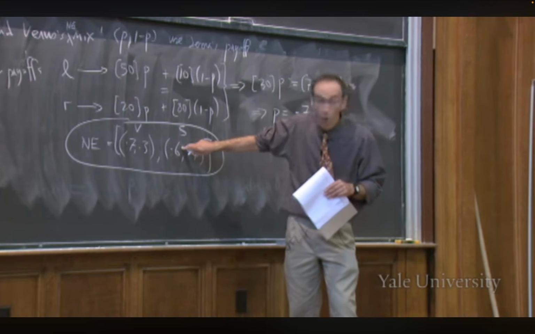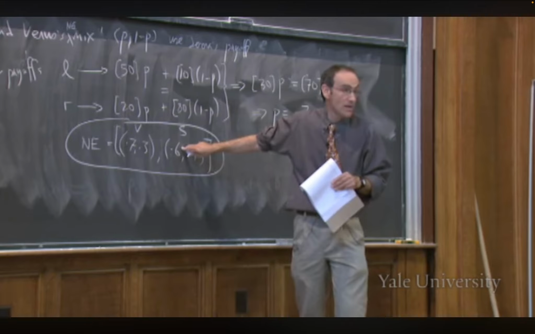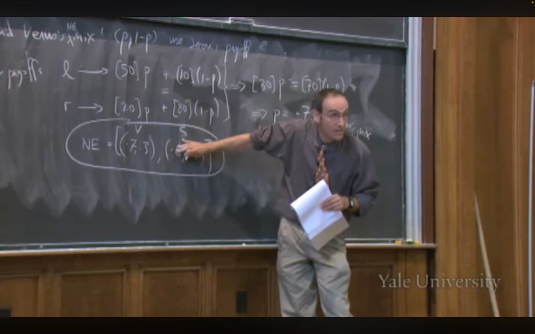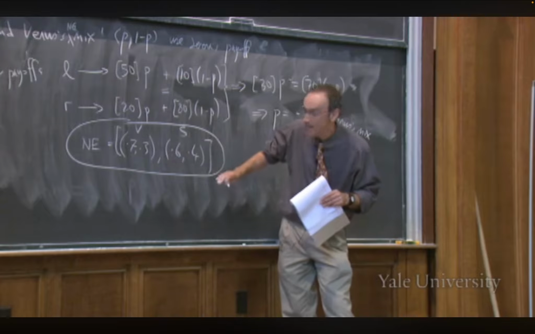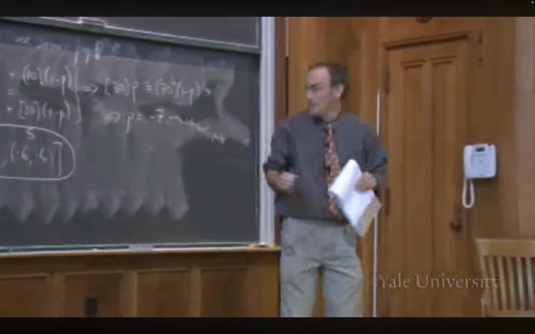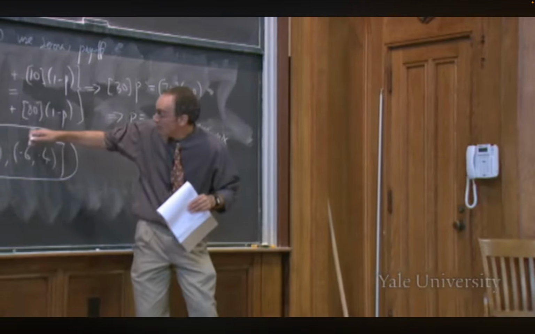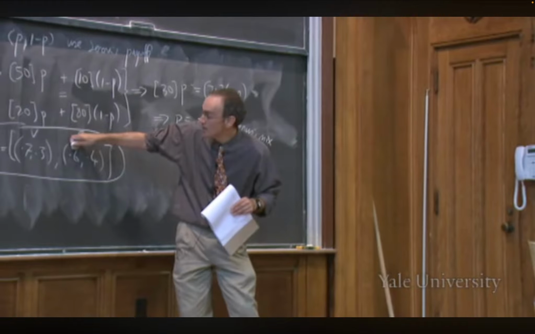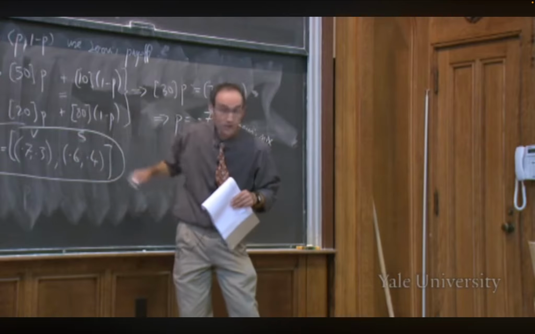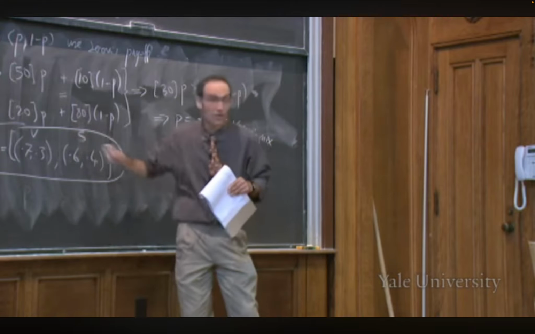Shoot to the left all the time. So if Serena doesn't choose exactly this mix, then Venus's best response is actually a pure strategy. If Serena leans to the left too often, more than 0.6, then Venus should just go right. And if Serena leans to the left too little, then Venus should always go left.